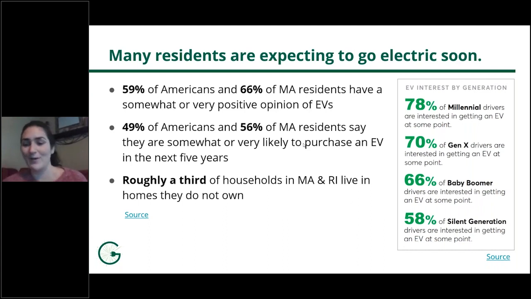So the silent generation has 58% of drivers that are interested in getting an electric vehicle, and that only increases as the generations get younger. You'll see 78% of millennials are interested in getting an electric vehicle at some point, and I'm sure for the generation below them, it's going to be closer to 100%. Next slide, please.